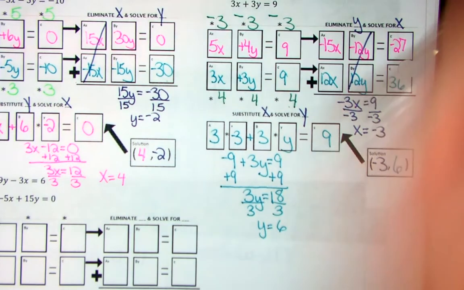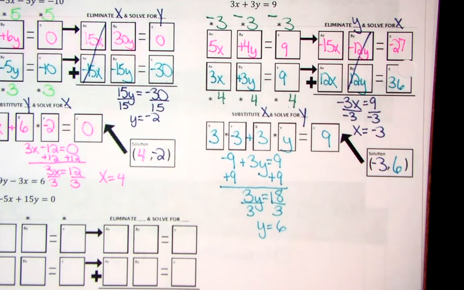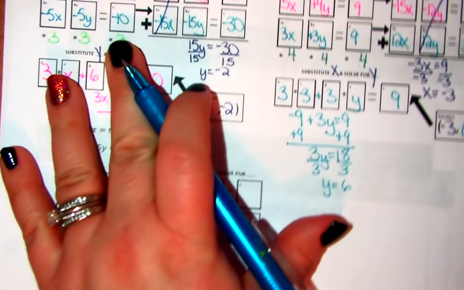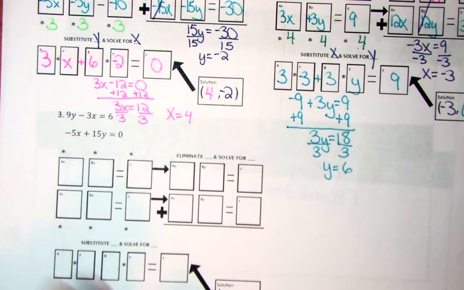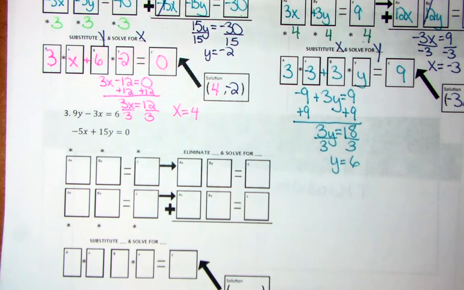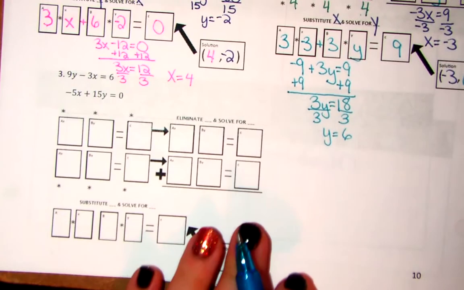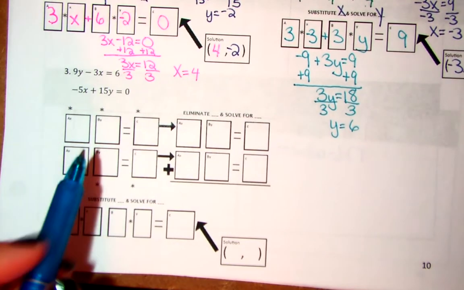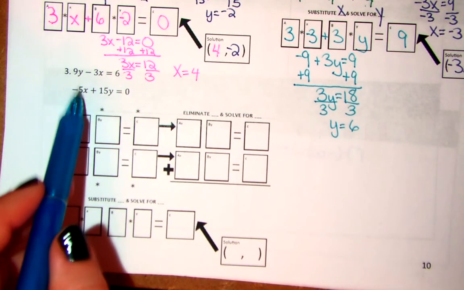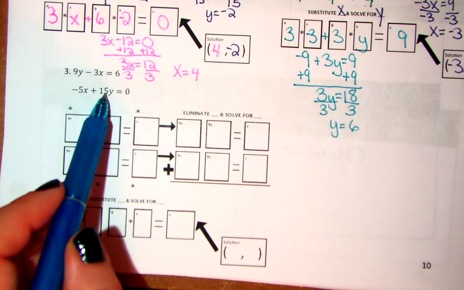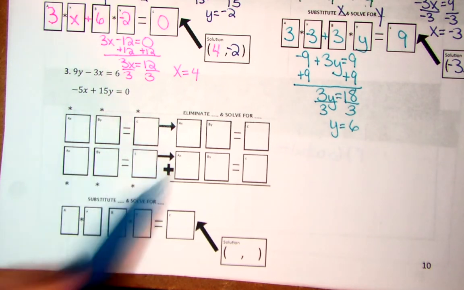Let's take a look at our last example on this page. In this example, we're going to go ahead and put our information into the setup. Pay close attention though, because our x's and y's are not already lined up for us.